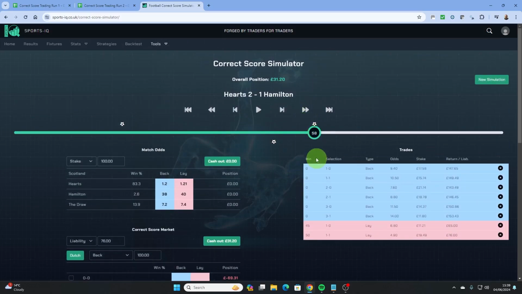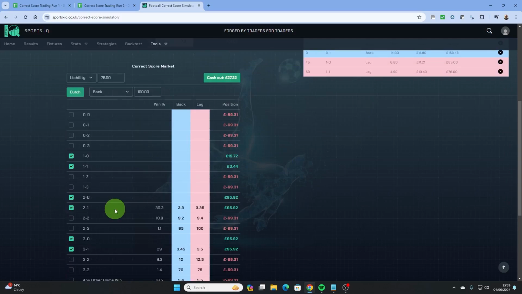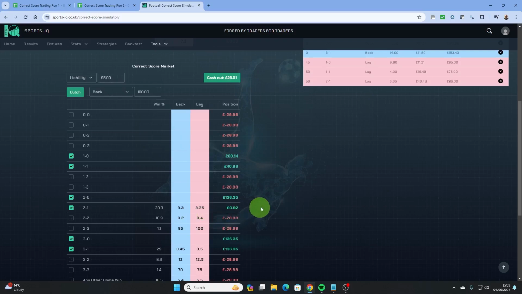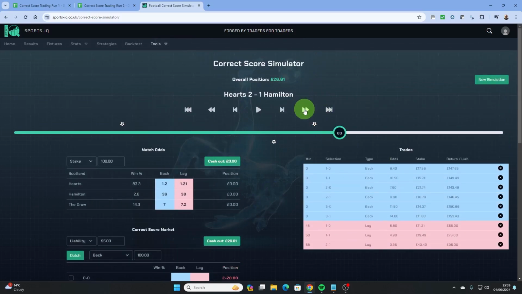And 2-1 there, 58, so we can lay the liability on that at 95. And now you can see there we've made a total loss on this game of £28.88 once that second away goal went in.